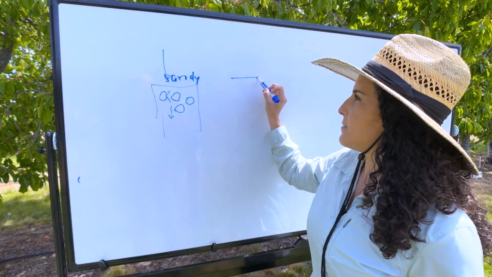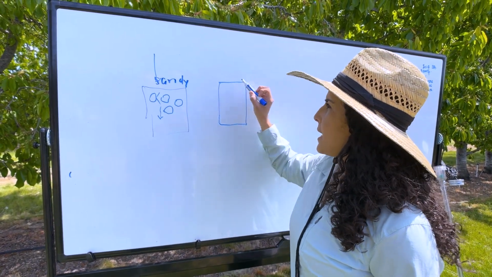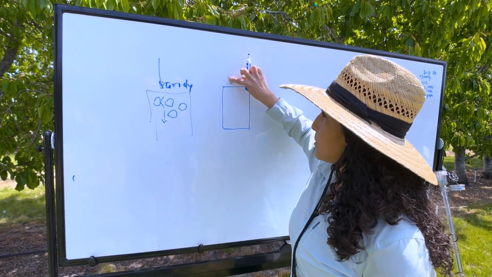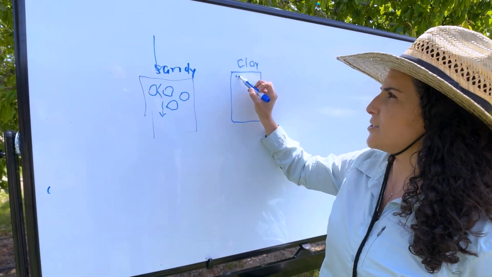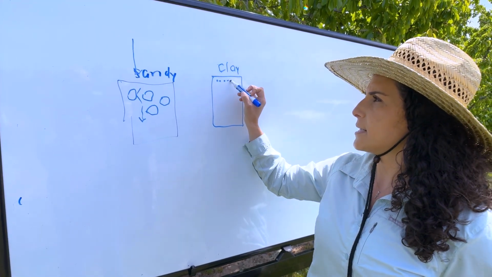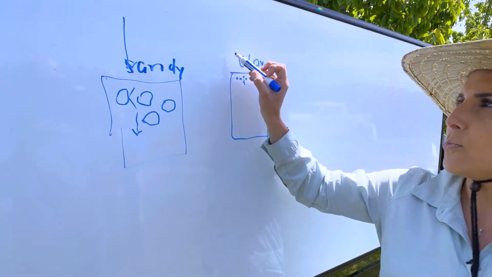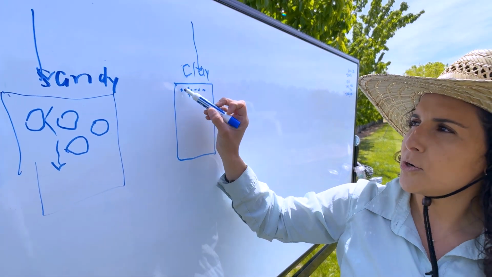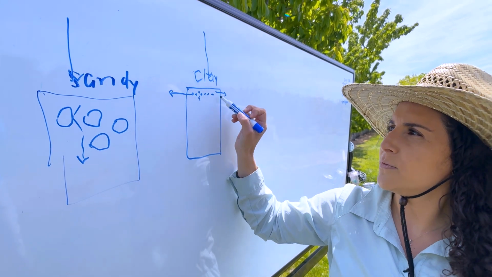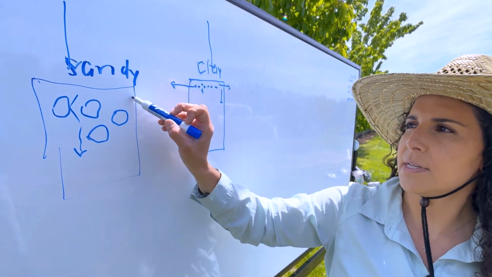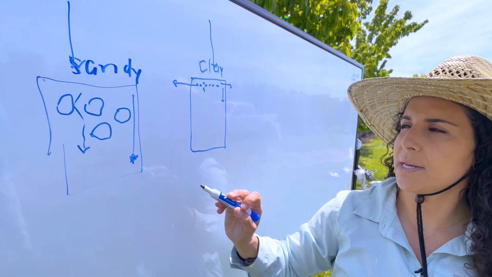However, on the other hand, if we have a clay soil, then the particle sizes are very tiny and they get clustered together. So when we irrigate, water starts moving laterally and moves very slowly, versus a sandy soil that moves very quickly.